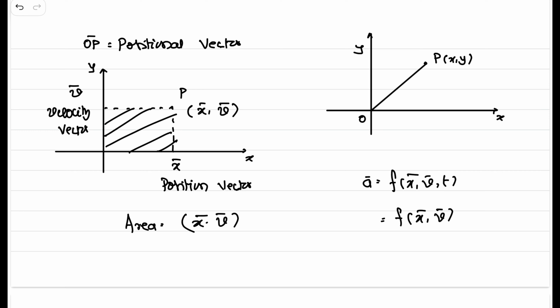This is the acceleration. Now we understood what acceleration is. Acceleration is the rate of change of momentum. This is written as the rate of change of momentum, that is d by dt of mv.